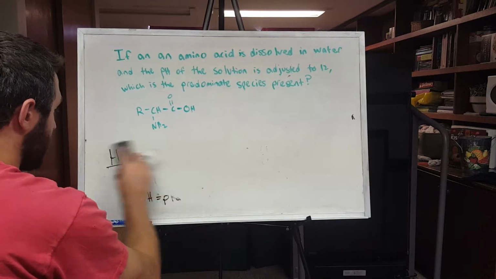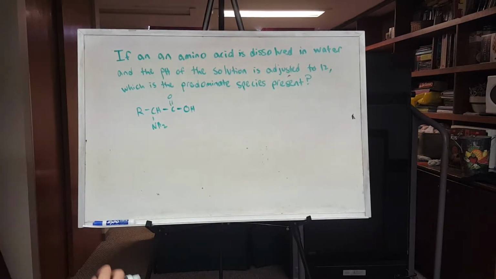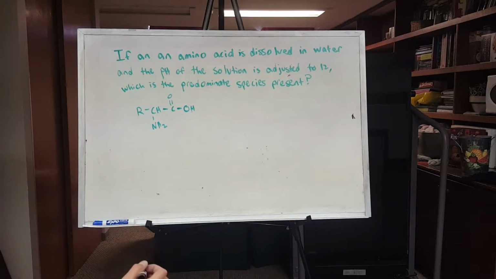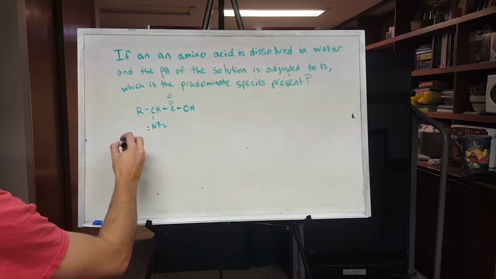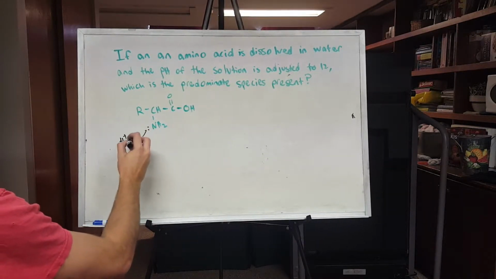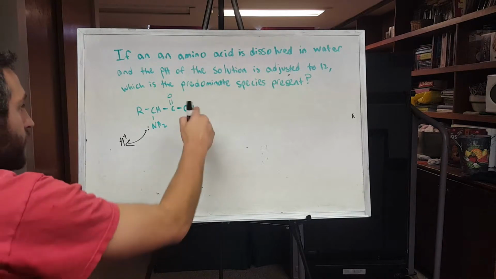Then we need to think about the pKa's of the functional groups here, which have the potential to act as an acid or a base. Here's a lone pair of electrons here. So this guy, we know amines can accept protons, can be bases.